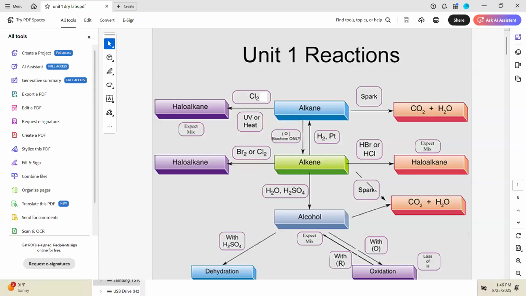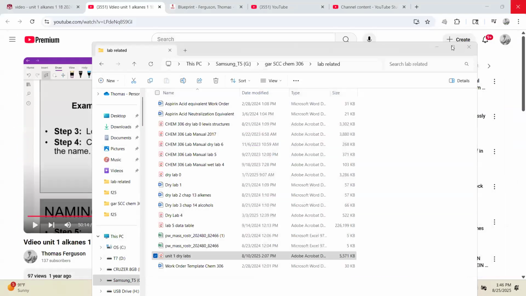Okay, the dry lab is located... Go to Canvas.